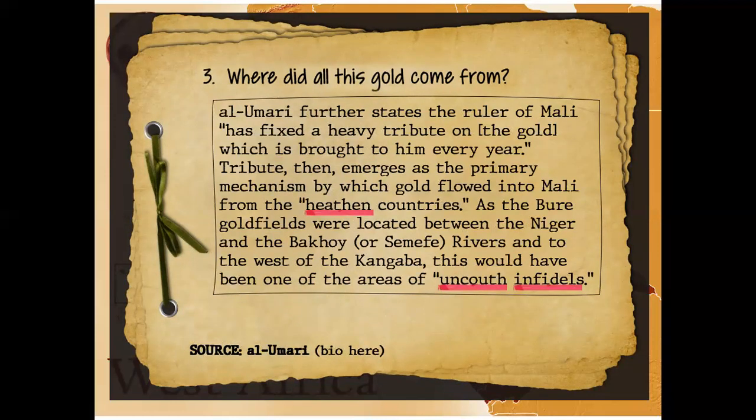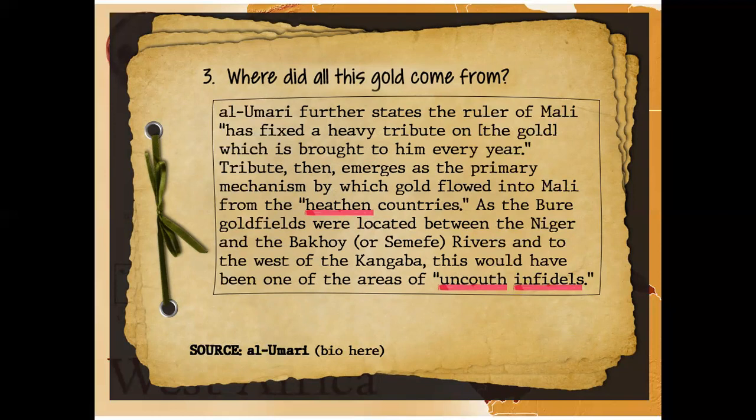All right, again, final one here, and so we want to unpack this. We have heard from the source al-Umari previously, and once again, I would say if you have not at this point, open a tab, search him real quickly, and think about whether you think he should be believed when he is giving us information about Mali and Mansa Musa.